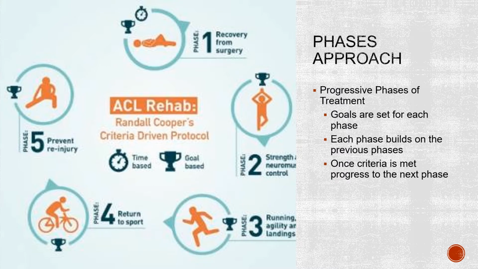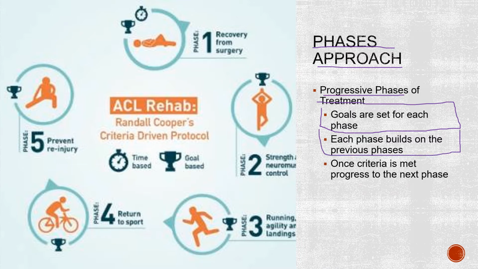In order to address that a little bit, it's been recommended that you use some sort of a phase approach where we have progressive phases. The idea here is that you have a goal for each phase, right? Each phase builds on the next, but once the criteria for a phase is met, then you can progress to the next phase.